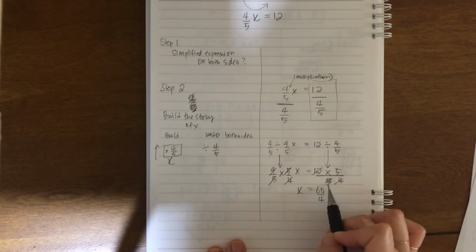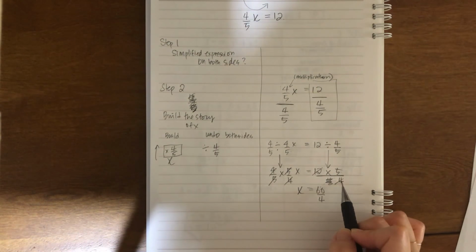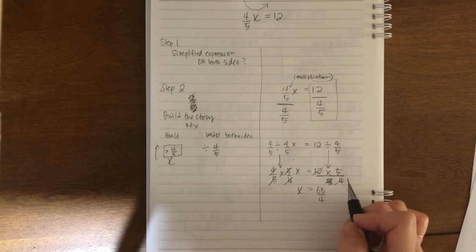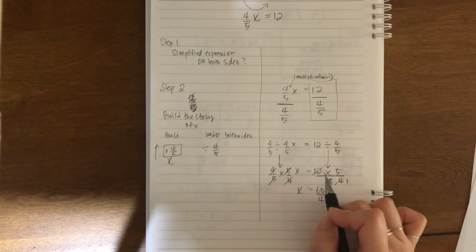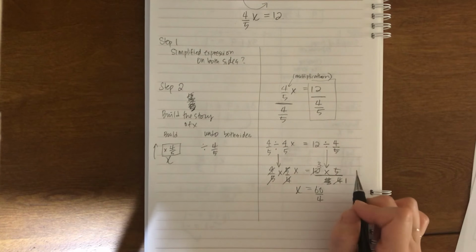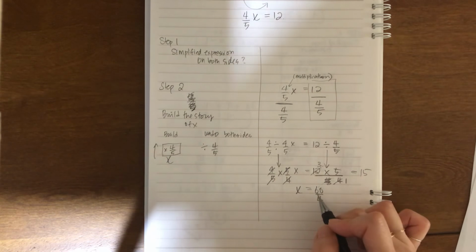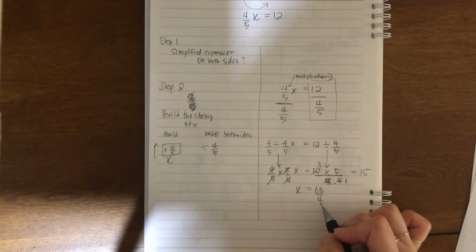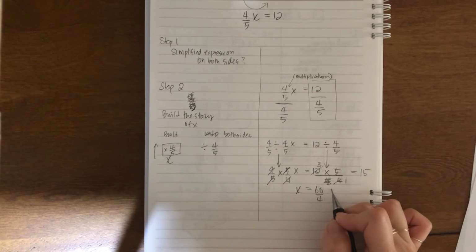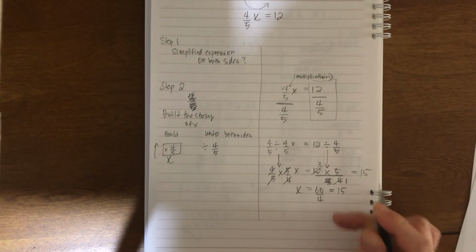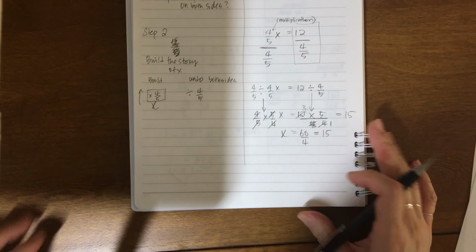The common factor between 12 and 4 is 4, right? So I got 1 here, 12, 3 times 5 equals 15. And if you use your calculator, or you do your long division and you divide 60 by 4, you'll find that simplified is 15. So now we're saying x is equal to 15.